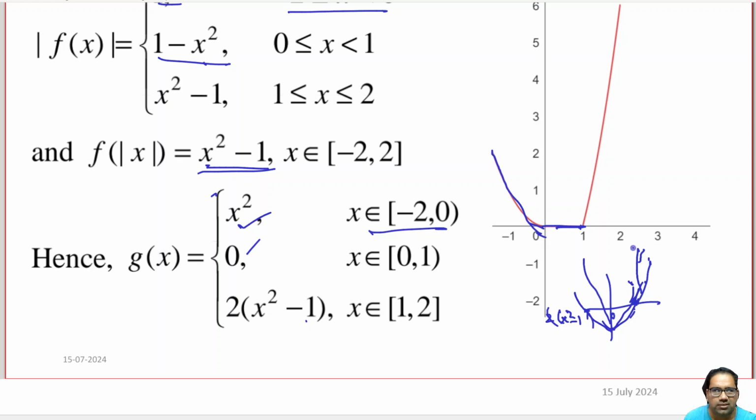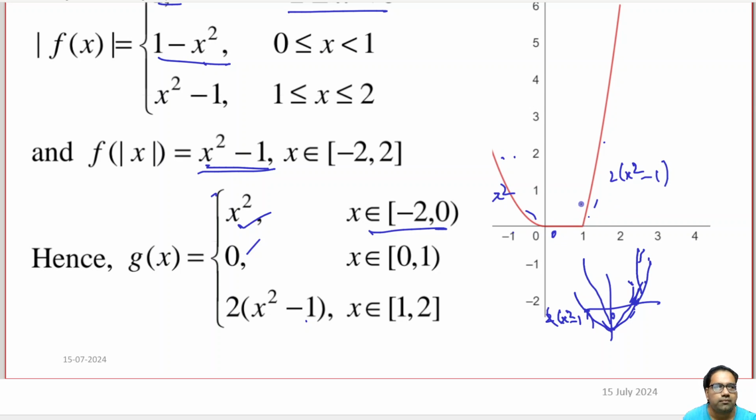So that's why the slope would be steeper than the x square graph. If this is 1, this becomes 2. If this is 2, this becomes 4. So clearly, this is the x square graph, this is 0, and this is 2 times x square minus 1. You can clearly see it is continuous everywhere, definitely.